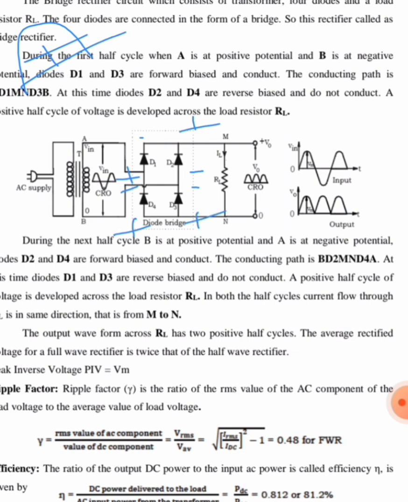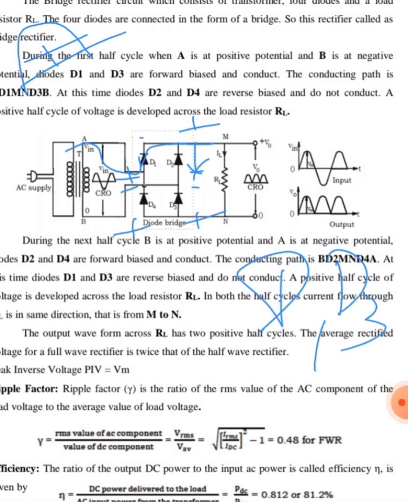So now which diodes are conducting when A is positive, that is when a positive half cycle is appearing? From A to D1. Through D2 the current cannot flow because D2 is reverse biased. Now in this case D1 is forward biased and D3 is also conducting, while the others are reverse biased for the positive half cycle.